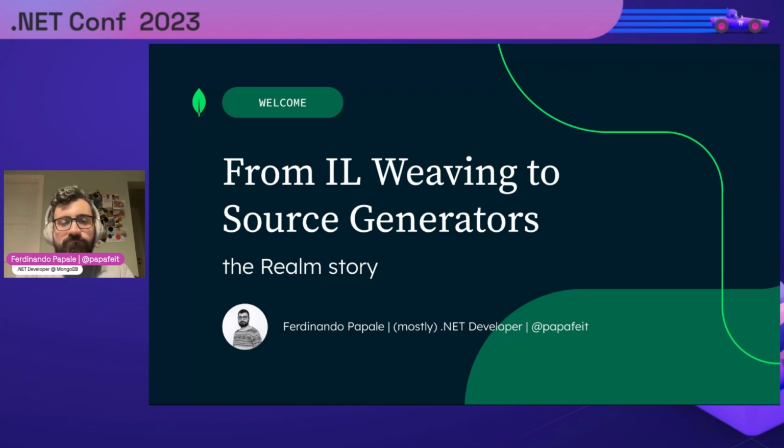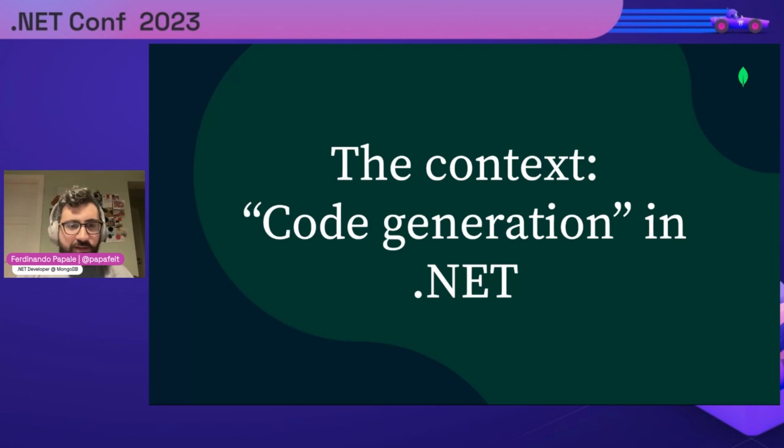So just to set up the context, what I'm going to talk about today is mostly code generation in .NET. This is because both IL weaving and source generators are two different techniques that can be used for code generation in .NET. They do it in very different ways, as we will see, and they both have pros and cons.